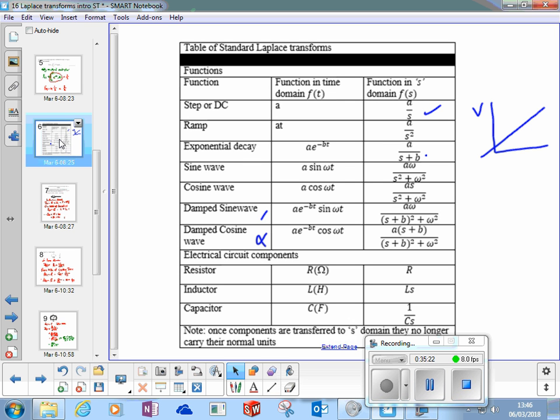We're generally going to be finding a function for the current that we can transfer back. You're going to be looking to make that function on the right hand side look like one of these, so you can transfer it back to the time domain.